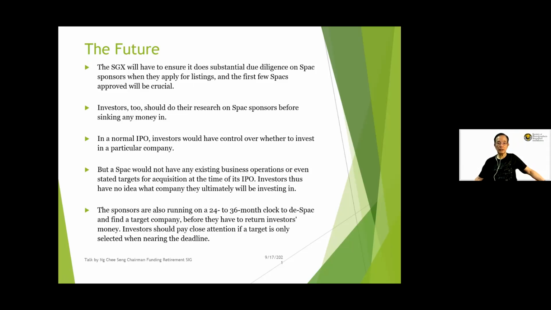SGX will have to ensure that it does substantial due diligence on the SPAC sponsor when they apply for listing. And the first few SPACs approved will be crucial, because the success or failure of the SPAC all depends on the SPAC sponsor or the management team.